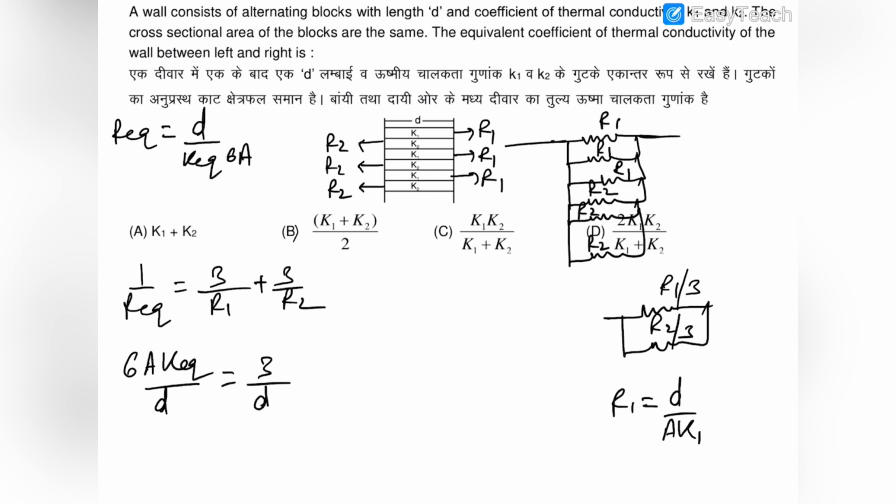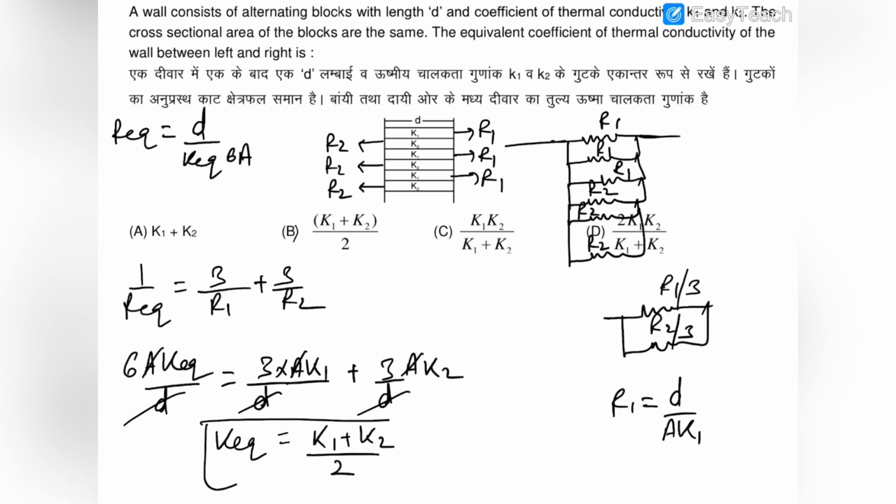So this is D by A K1 and R2 is equal to D by A K2. So cancelling out this D and this A, you can see that K equivalent will be (K1 plus K2) by 2. So the correct answer will be option number B.